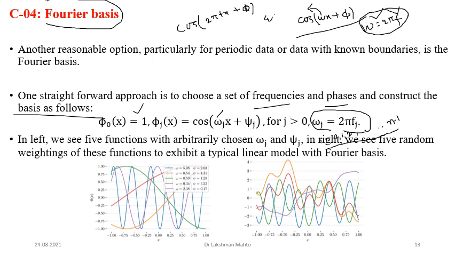Remember that every time I say basis function or feature map, both are the same. So for various compositions of omega and psi, we have taken different feature maps, or basis functions. These are the various basis functions.